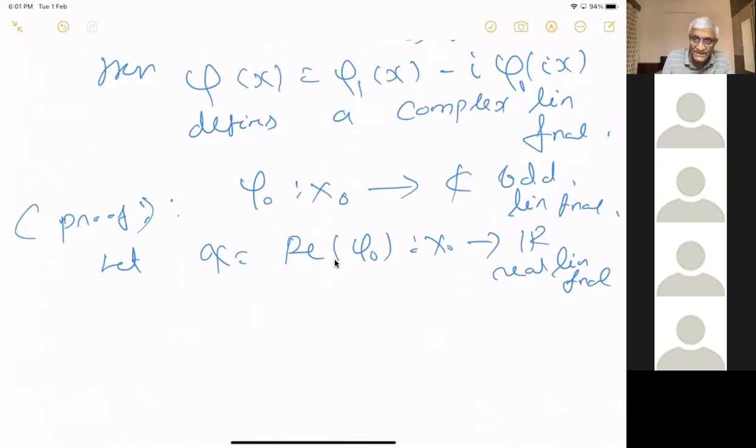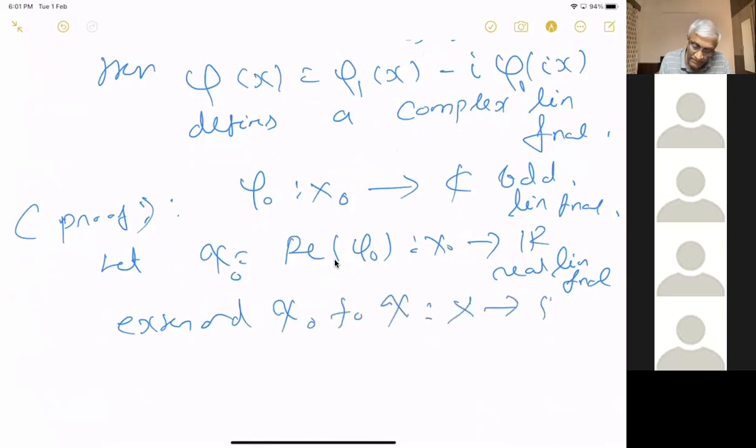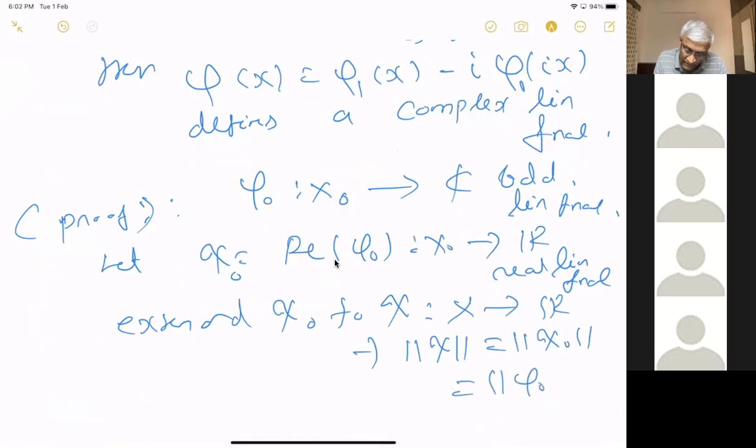Then we have already seen that this can be extended. Call this chi naught. Extend chi naught to chi on X to R, a real linear functional, such that norm chi equals norm chi naught, and this norm chi naught is also equal to norm phi naught.